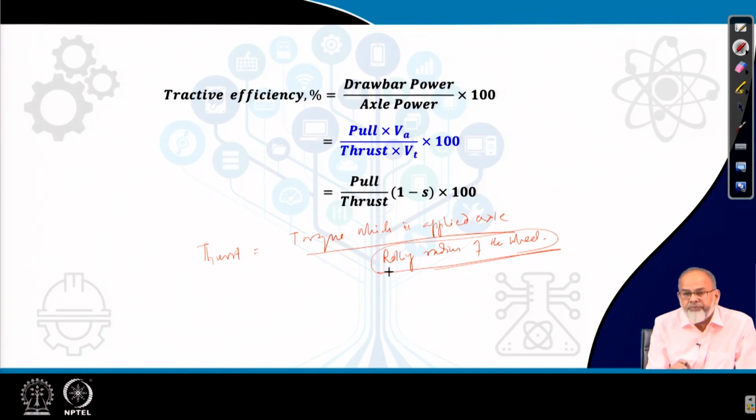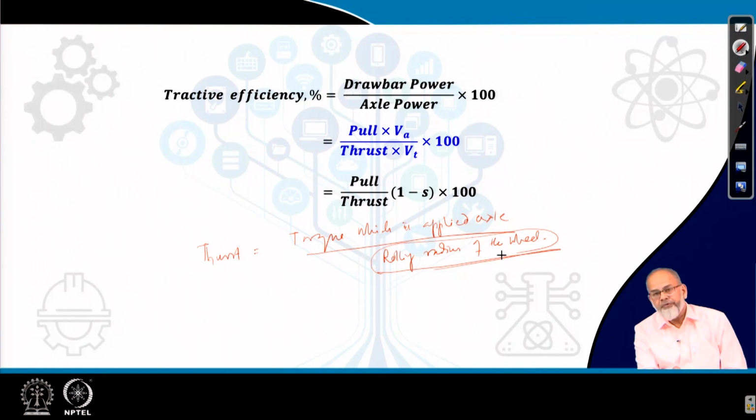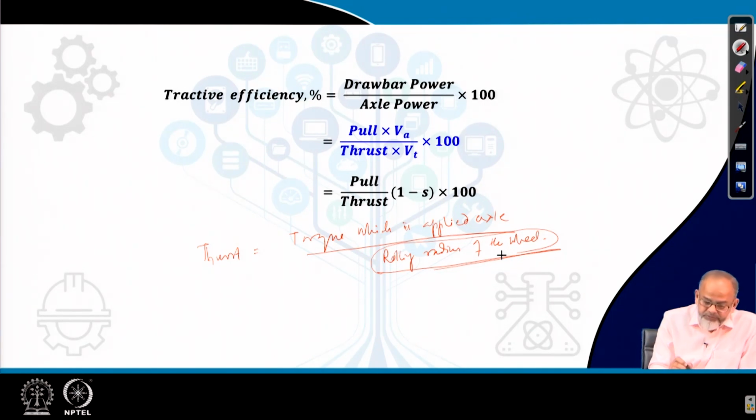Simply we roll the wheel and find out how much distance it covers in one revolution. That distance is nothing but 2 pi r. Now I divide it by 2 pi, so that will give you the radius of the wheel, or the rolling radius of the wheel.